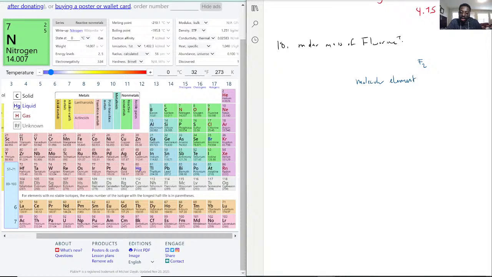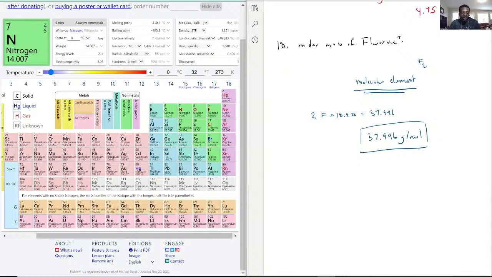So this makes fluorine a molecular element. Knowing it's a molecular element, we can no longer just use the atomic mass unit. We need to do the same thing we've been doing for the other questions: find its constituents and multiply accordingly. So that's 18.998 times 2, 37.996. Because that's the only thing we had to add, the molar mass of fluorine, F2, which doesn't have to be a gas but typically is at room temperature, is 37.996 grams per mole.